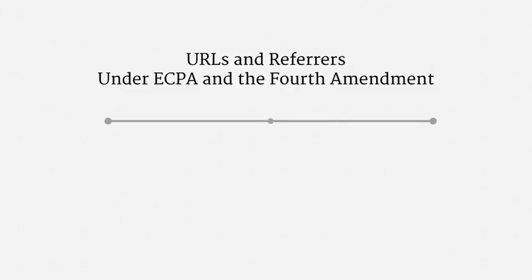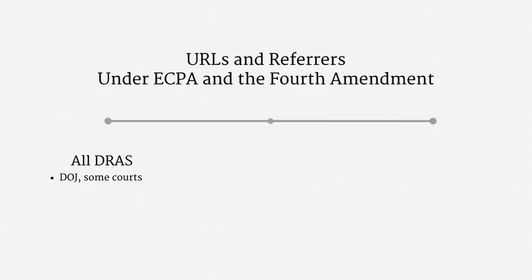At one end is the notion that URLs and referrers are always DRAS, and therefore always attainable with just a pen trap order. The Department of Justice has sometimes hinted at this view, and in fact, it requires local federal prosecutors to strategize their URL pen traps with Main Justice. A couple courts have also suggested that URLs and referrers are DRAS.